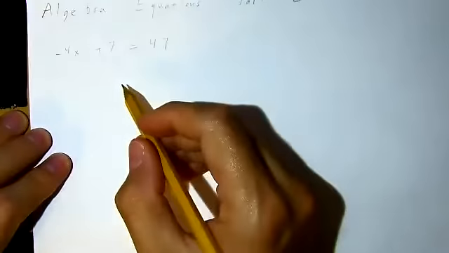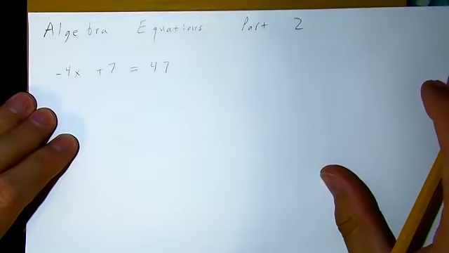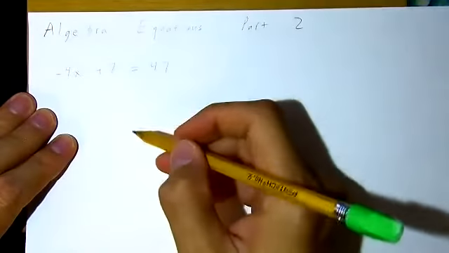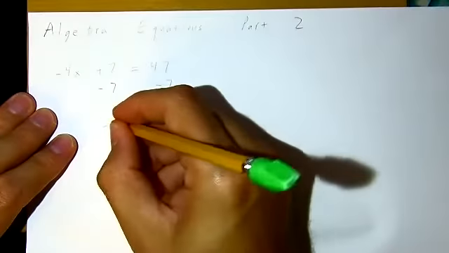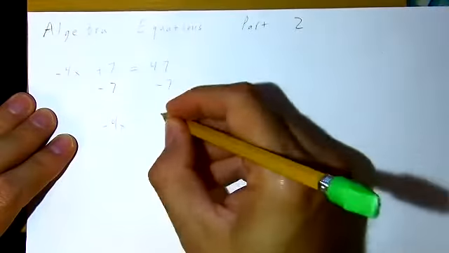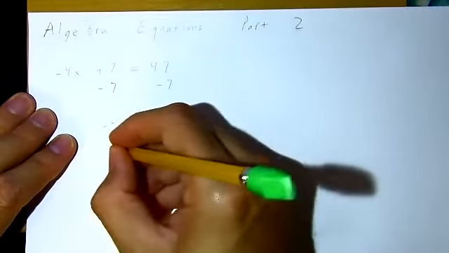So if you've got an equation like this, the first thing you always want to do is add or subtract both sides. Bring down your negative 4x equals, subtract, and then your last step is always going to be divide.